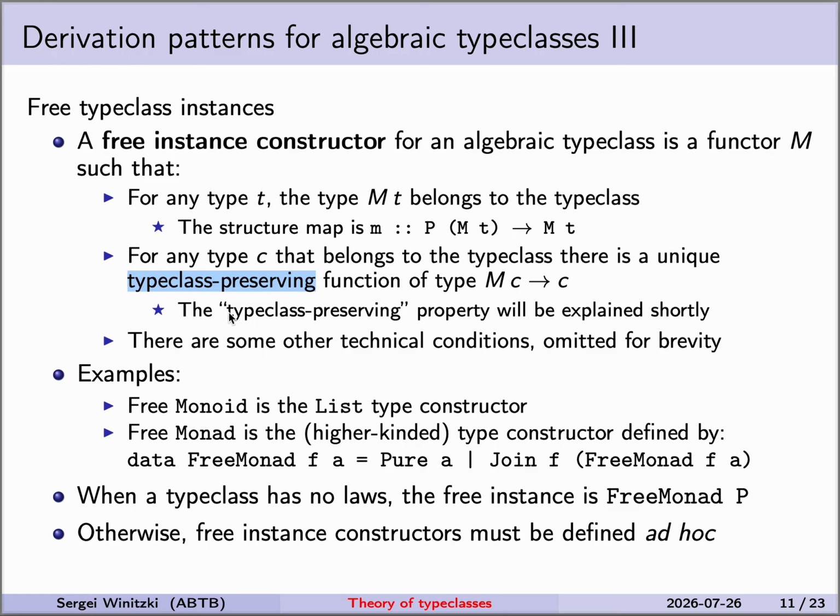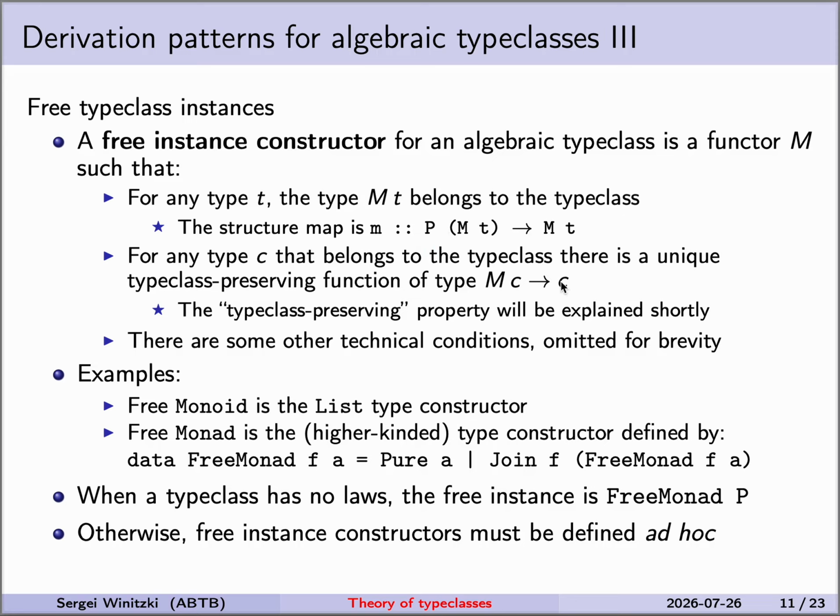Now the property of type class preserving, I will explain it in the next part of this tutorial. It's a somewhat technical property. It means that this map removes the wrapping in a way that preserves the structure of operations in this type class. So operations are all described by the functor p.